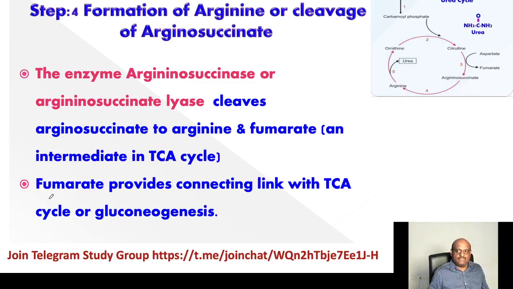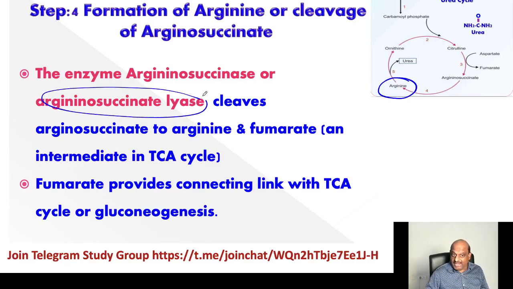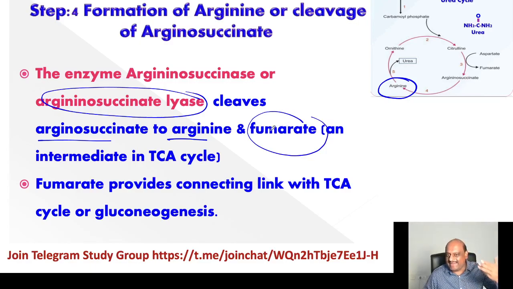Then the arginosuccinate is broken down by arginosuccinase. It is also called arginosuccinate lyase. It breaks down the arginosuccinate to arginine, and once more fumarate is regenerated. And fumarate is the intermediate of the citric acid cycle, all of you know very well.